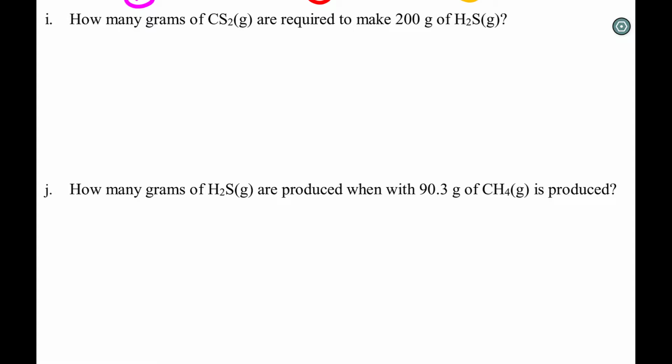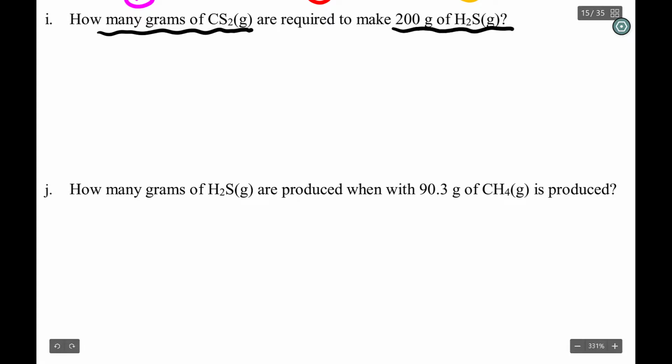So the question is asking how many grams of CS2 are required to make 200 grams of H2S. So starting with the number we're given, 200 grams of H2S, I know I must convert that to moles of H2S because I need to do a mole to mole ratio. I must then get rid of the grams of H2S, that goes on the bottom.